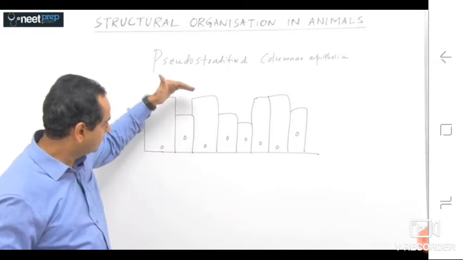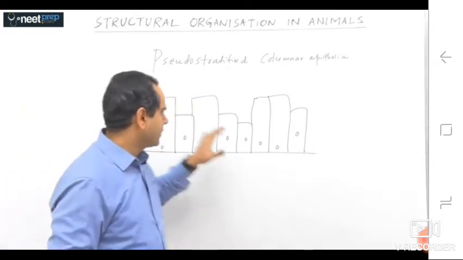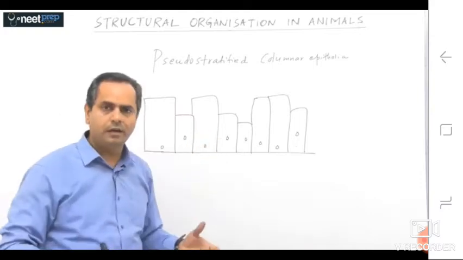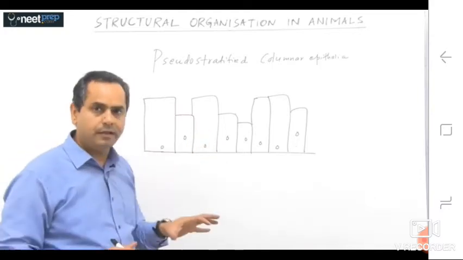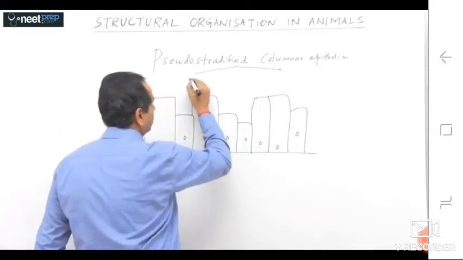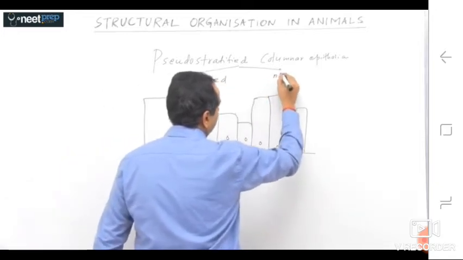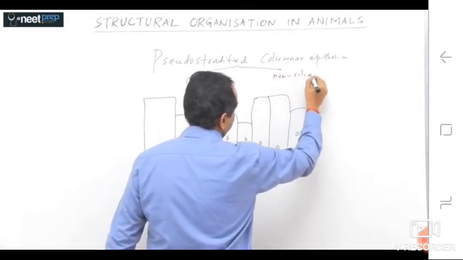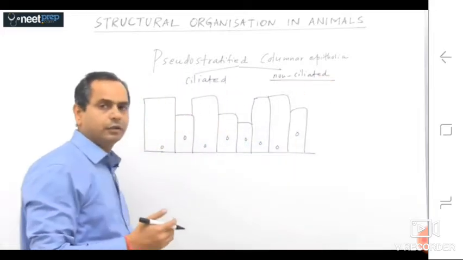Few cells are bigger in size and few cells are smaller in size, and maybe the free surface is without cilia or with cilia. So this is the example of pseudo-stratified columnar epithelia, and that may be ciliated and that may be non-ciliated, with cilia or without cilia.